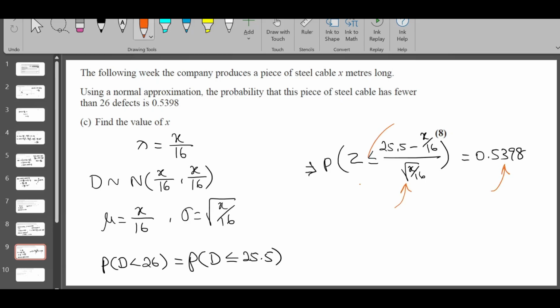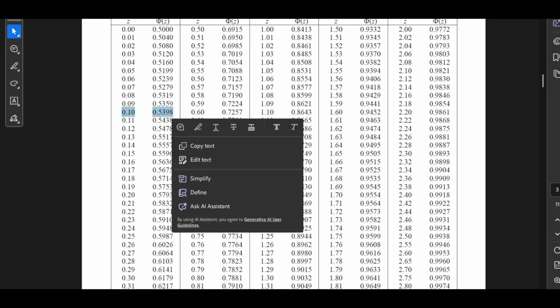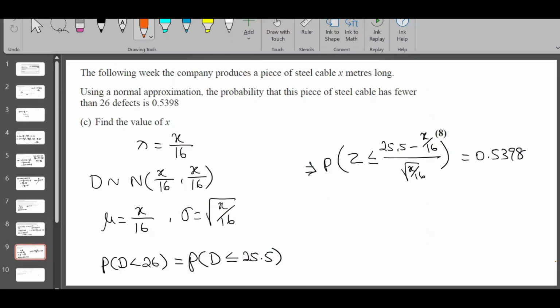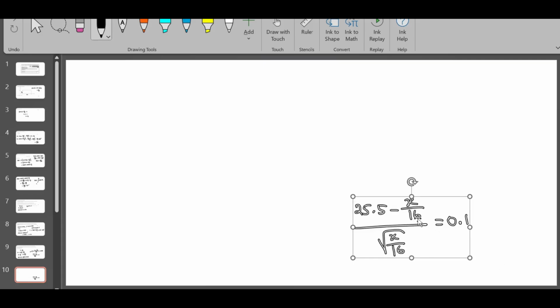So definitely this is a positive number, right? So we need to use the table and look for the Z value corresponding to 0.5398. So in the normal distribution table, I'm going to take the value 0.5398, which is 0.1. So this is equal to 25.5 minus X over 16 divided by square root of X over 16 is 0.1, and make X the subject. Okay, I have taken the equation here.